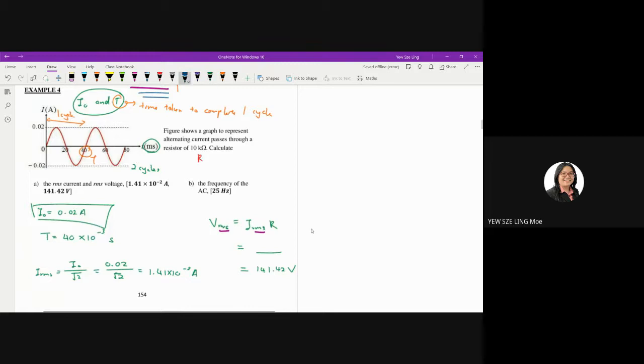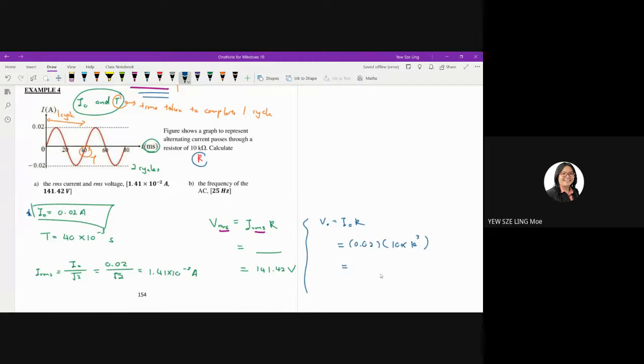Now, of course, since you have I peak and you have R, you can also calculate V peak first and then calculate VRMS. So V peak is equal to I naught R, which is 0.02 times 10 times 10 to the power of 3. Not -3, right?